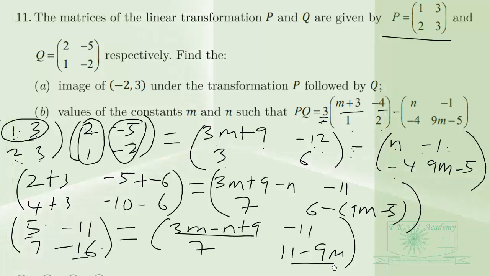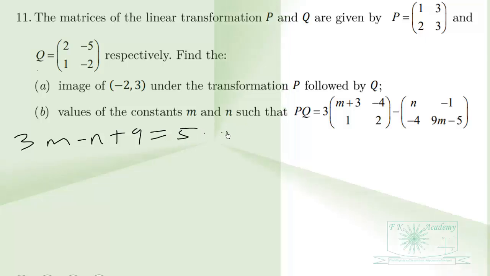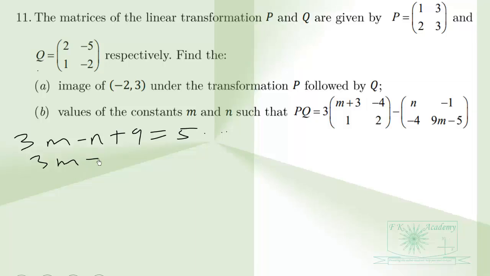So let's form these simultaneous equations and solve for m and n. So we have 3m minus n plus 9 being equal to 5, and this will give us 3m minus n will be equal to 5 minus 9.